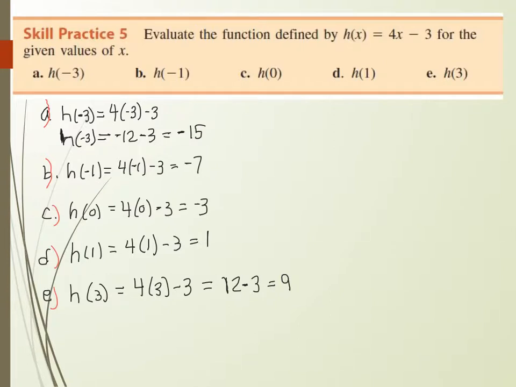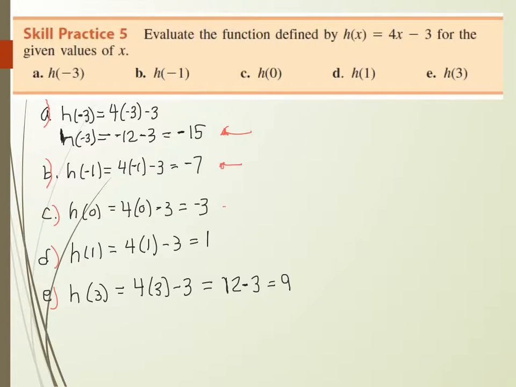So in practice skill 5, we have the function h of x is equal to 4x minus 3 for the given values of x. We want to evaluate the function. So for part A, when we put 3 in, we get 9. You may want to practice this yourself. For B, we get negative 7.